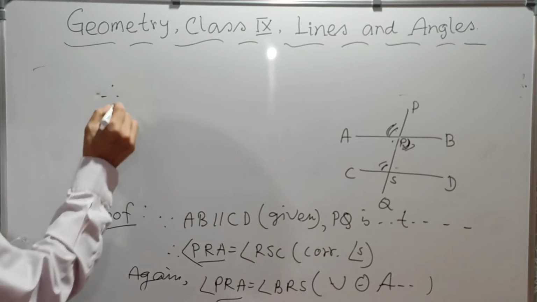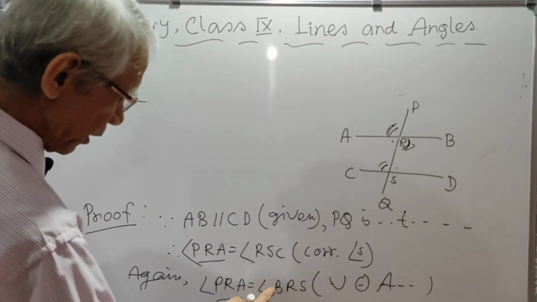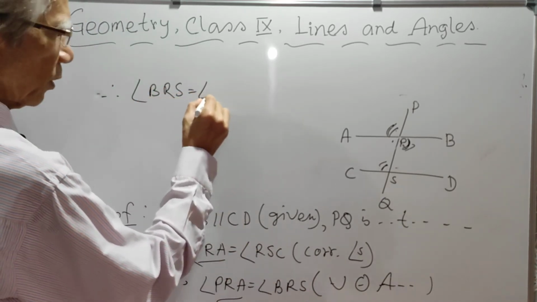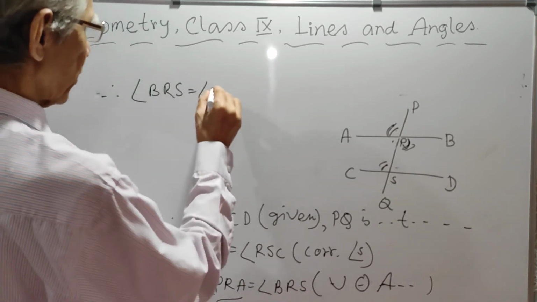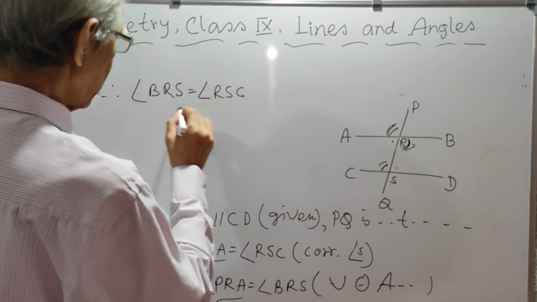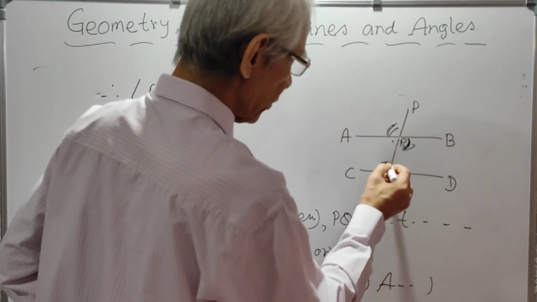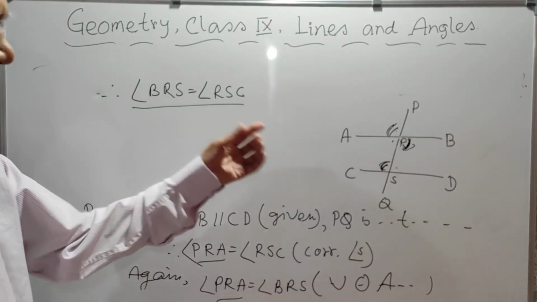So therefore, what do we conclude? BRS equal to RSC. So we have proved this equal to this. They are alternate angles, isn't it? So we have proved the first pair.